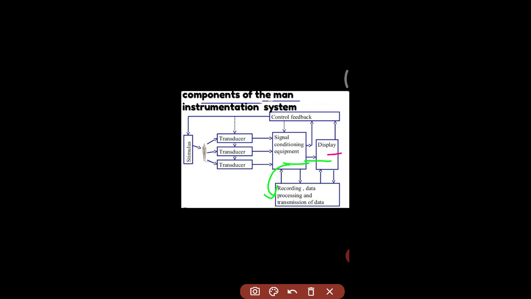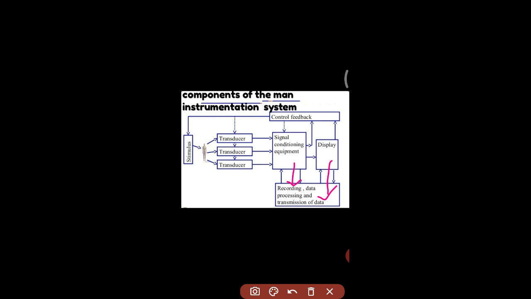Finally, your output can be recorded into the recording as well as the data transmitting process. Recording of the measured information is done for possible later use, or to transmit it from one location to another, whether within the hospital or around the world.